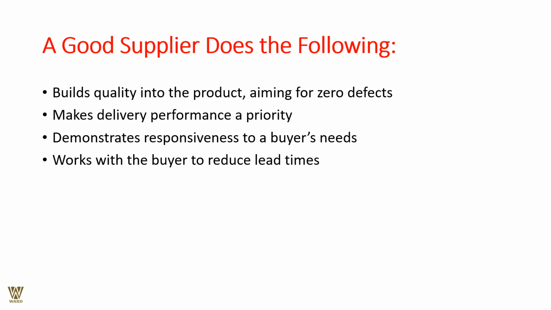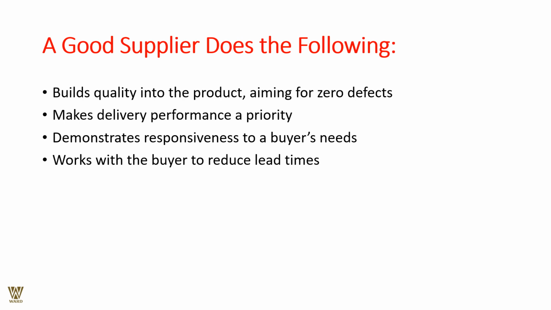A good supplier has the following qualities. You know what they are? They build quality into the product, aiming for zero defect, or a Six Sigma quality system has been built into it. They make delivery performance a priority, on-time delivery, mind you.